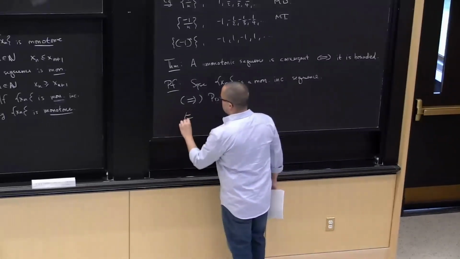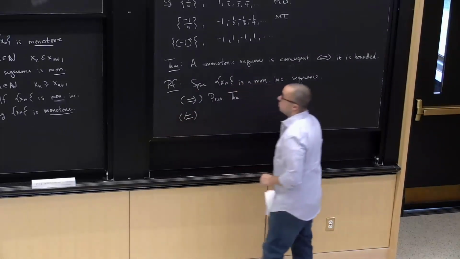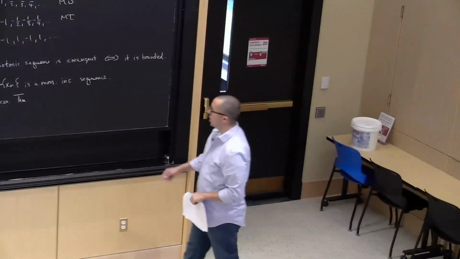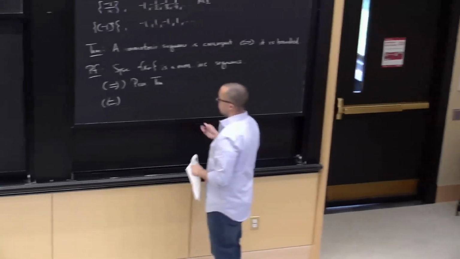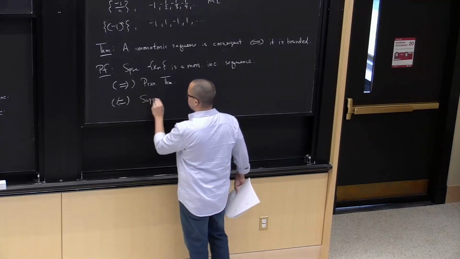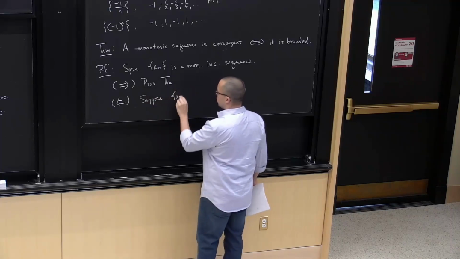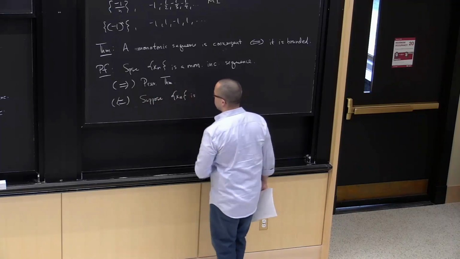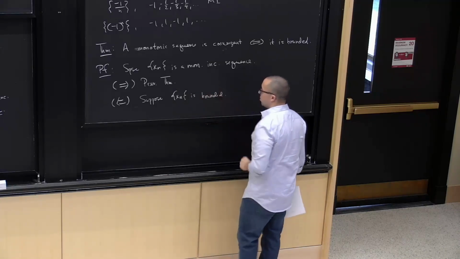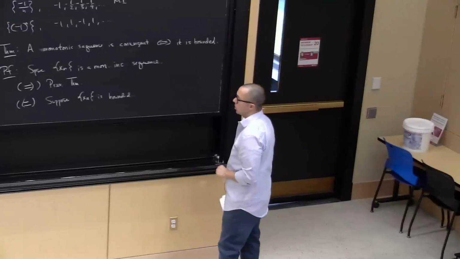So the meat is in proving the converse direction. And in fact, we'll be able to pick out what the limit is of this sequence. So suppose x sub n is bounded. Okay.